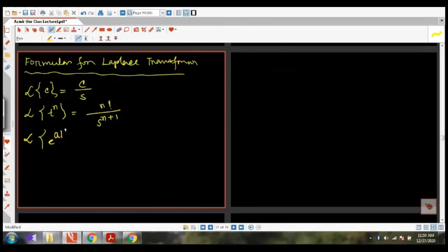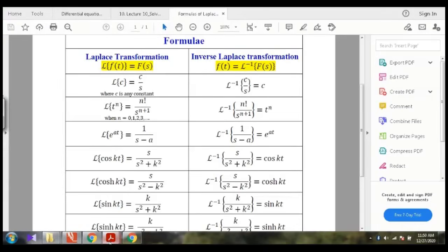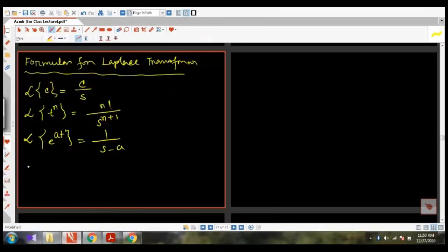The Laplace transformation of e to the power at is 1 over s minus a. We can see 1 over s minus a. The Laplace transformation of cosine at, let me use k here, the Laplace transformation of cosine kt, is s over s squared plus k squared.